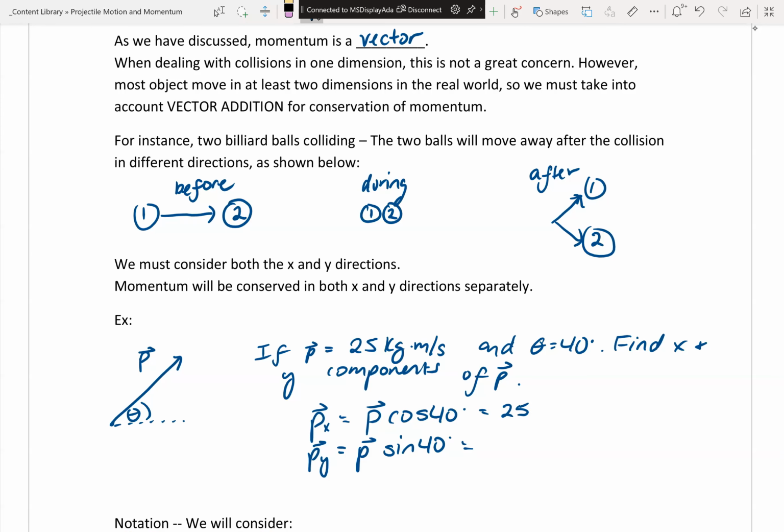So doing this calculation, it'll be 25 cos 40 and 25 sin 40 for the y. Px is 19 kilograms times meters per second, and Py is 16 kilograms times meters per second.